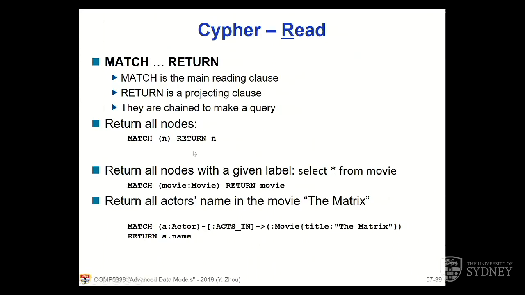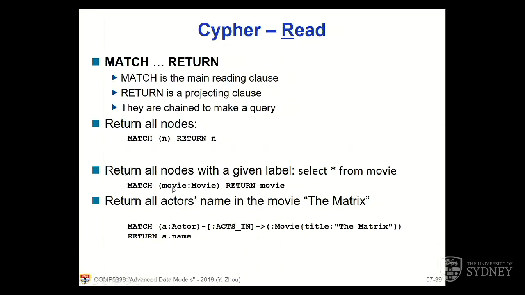Usually this is like a select all statement in RDBMS. It's not really select, because we only find a node, but this returns all the nodes because we don't give any label. This pattern is very general: match all the nodes, and then return them.